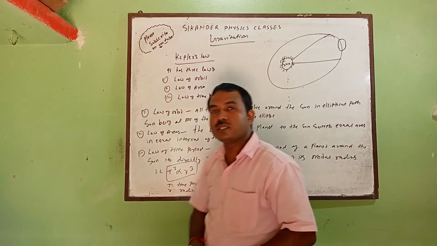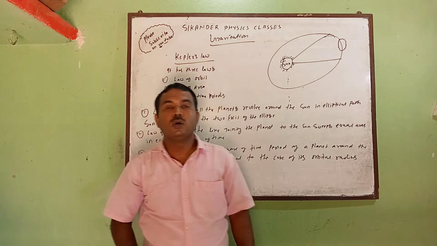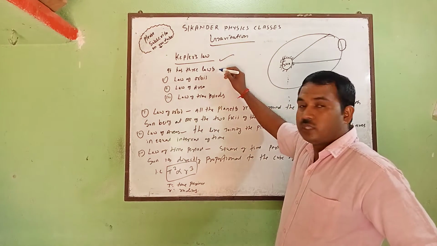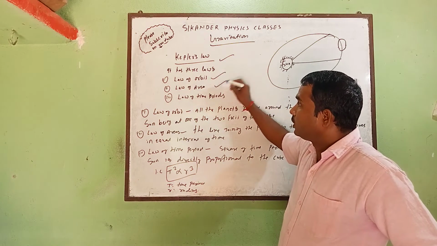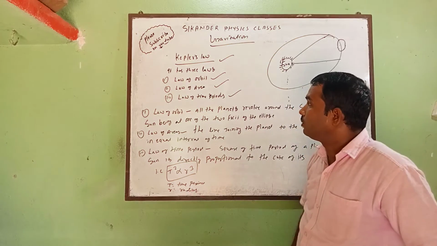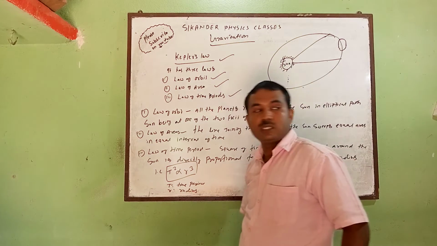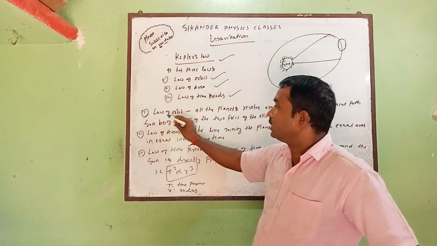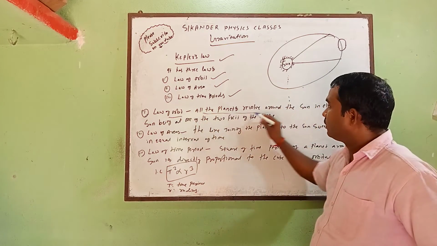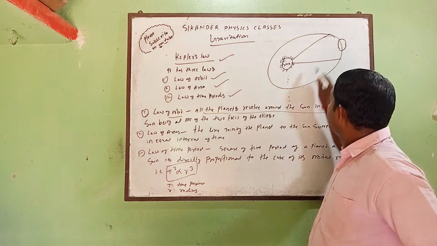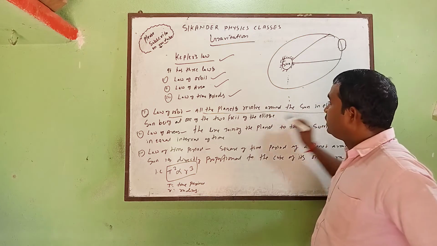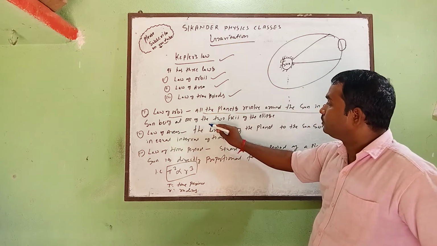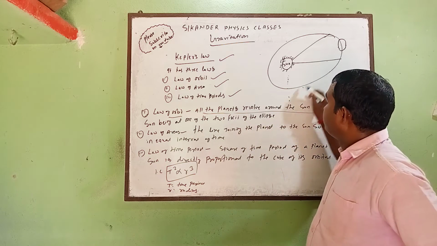So one scientist, Kepler, gave the idea of 3 laws: the law of orbit, the law of areas, and the law of time periods. There are 3 laws, and I have explained all 3 here. First, the law of orbit: all the planets revolve around the Sun in elliptical paths, with the Sun being at one of the 2 foci of the ellipse.